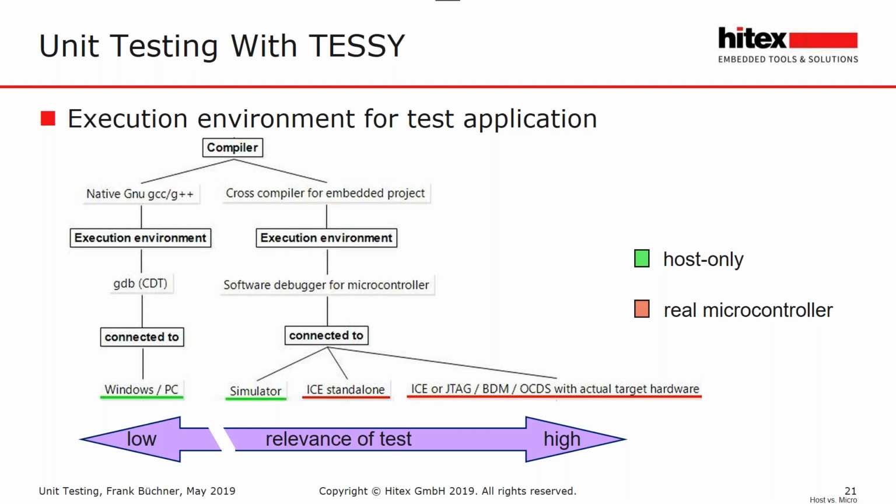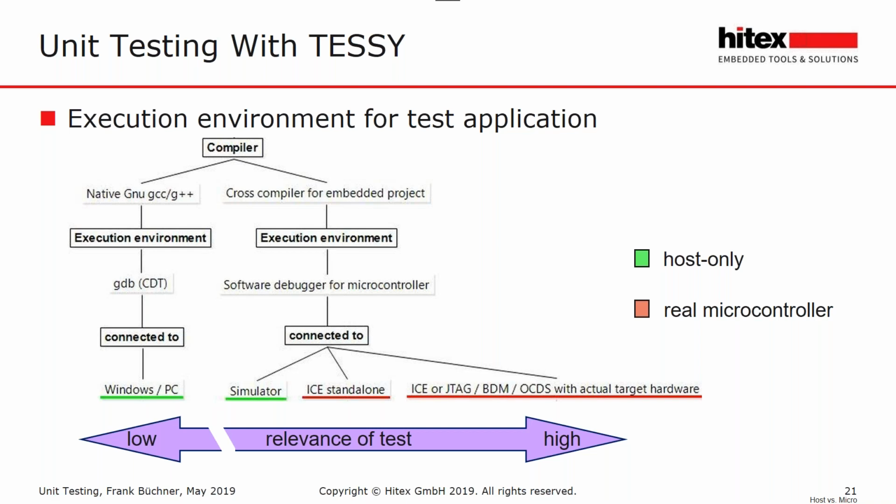The other possibility, on the right-hand side here, is to direct Tessie to use the cross compilers that you use for your embedded project, which means the test application is compiled into a binary for the microcontrollers that you are using in your project.